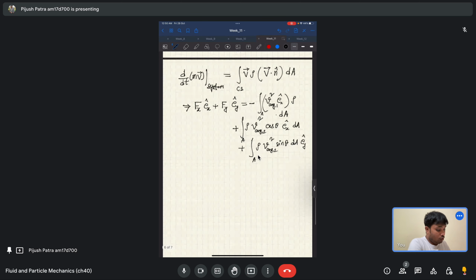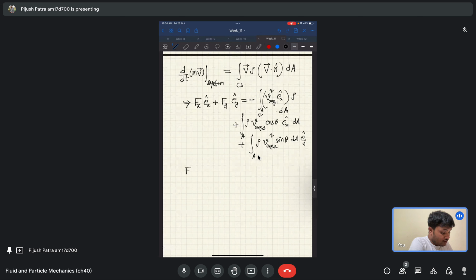So now what is Fx from here? If I compare the force along the x-axis on both sides, this entire term is constant except the dA, so it will be just the multiplication with the cross-sectional area, because I took the average velocities.